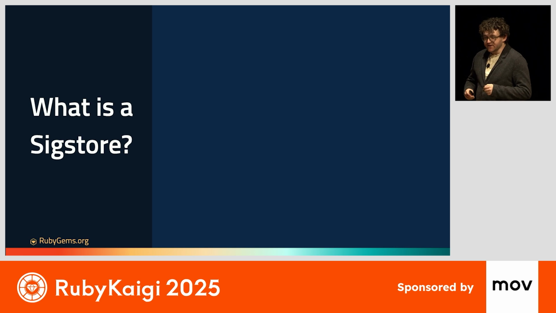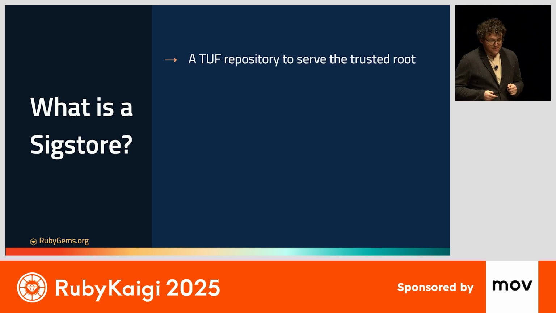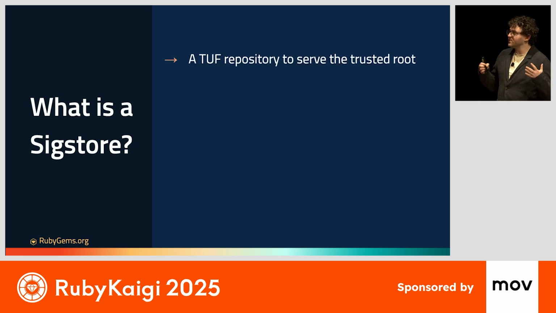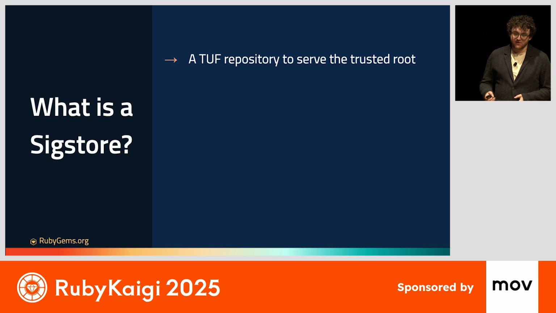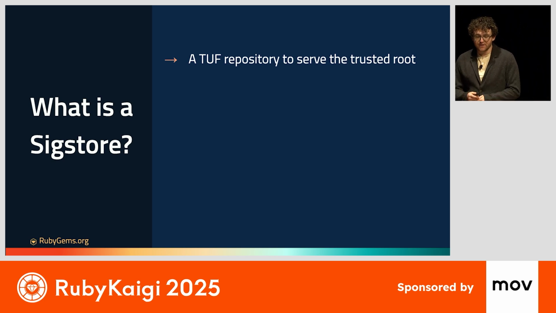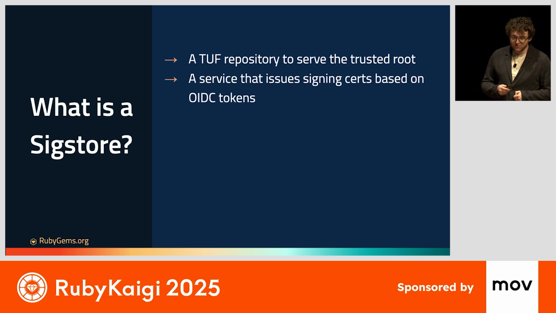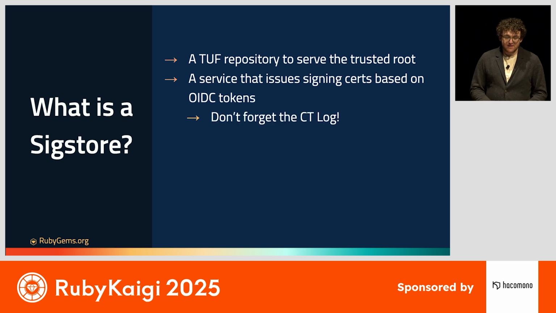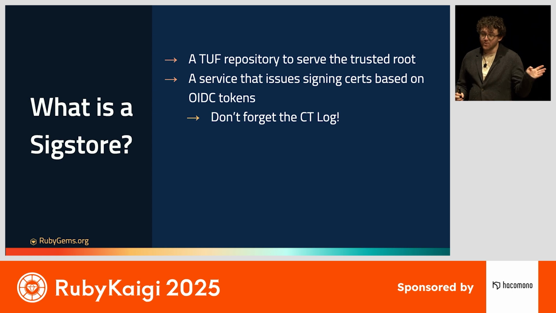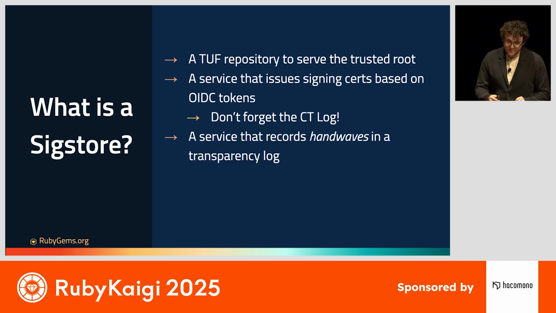Being a bit more specific, what is a sigstore? It's composed of a bunch of things. Number one is a TUF, which stands for The Update Framework. It's a TUF repository that serves a trusted root. It is a service that issues signing certificates based on OIDC tokens. Don't forget there's also a certificate transparency log, so you can see what certificates have been issued.